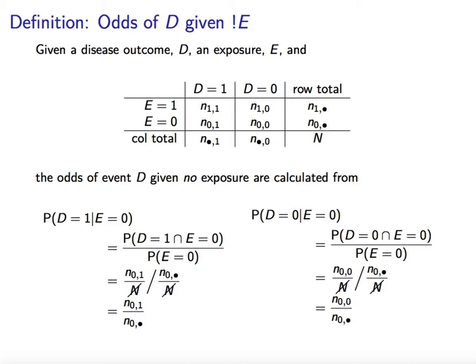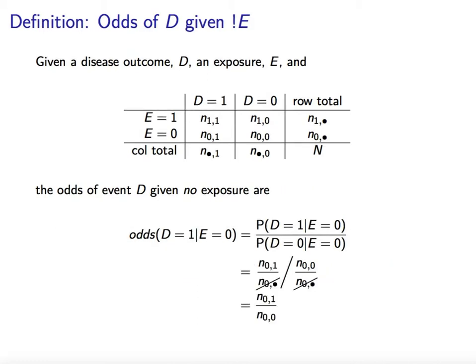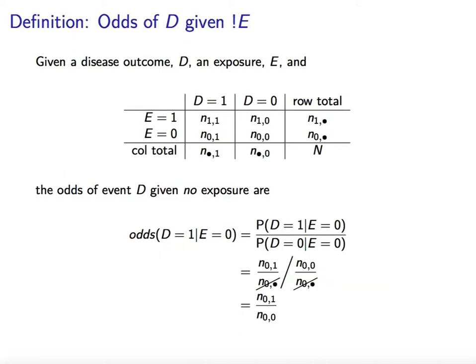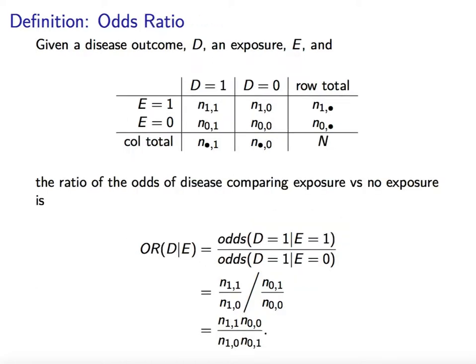So we need the probability of... So go ahead and work through this if you want to. Then we calculate the odds. Again, this is very similar. It's going to end up being N01 divided by N00. And feel free to pause the video and look at this more carefully if you want to do that.